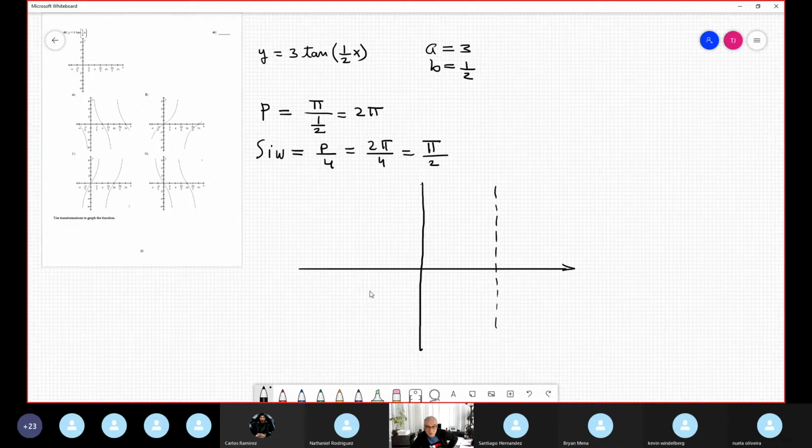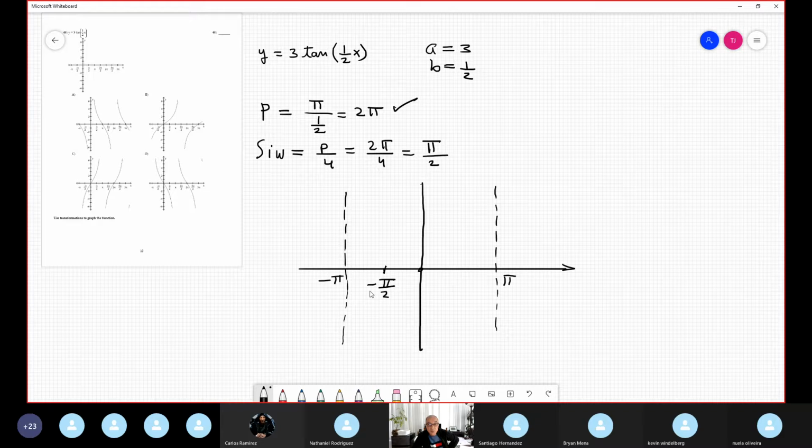One here, another here. And this is completely symmetric because it's an odd function. So the entire period is 2 pi. I suppose that distance is pi and this distance is negative pi. And here, pi over 2. So we get negative pi over 2.